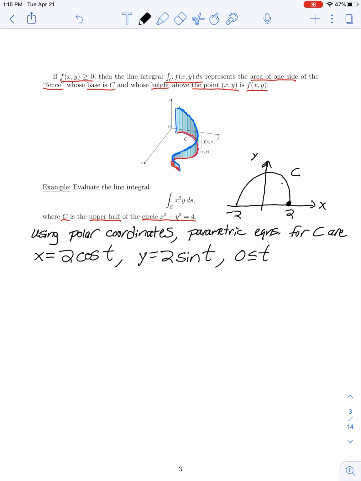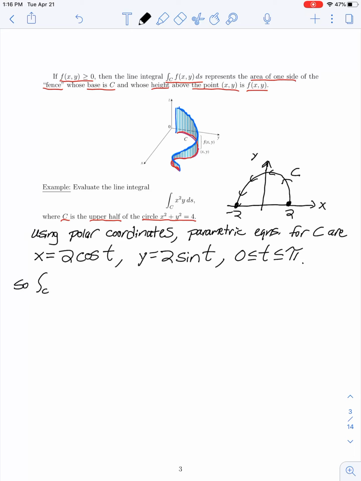And then we would trace out the top half of this circle in a counterclockwise direction until I got to the point (-2, 0), which would correspond to a rotation of pi radians, or 180 degrees counterclockwise from that positive x-axis. So once we have these parametric equations for our curve, we can make use of our theorem.